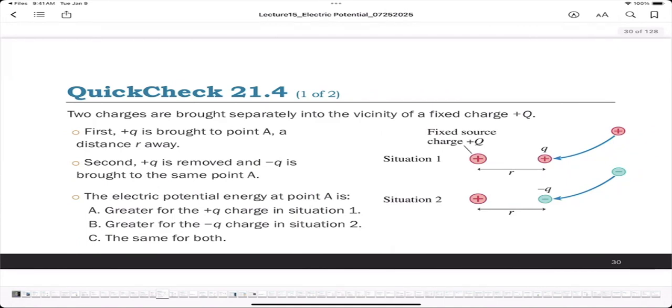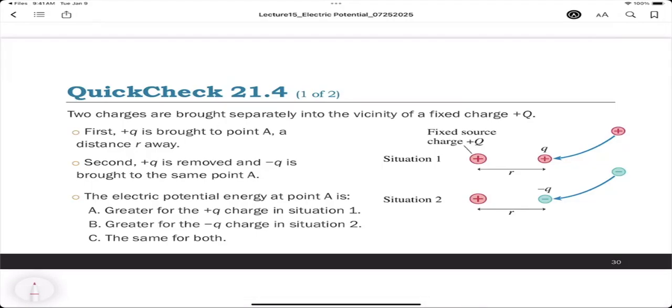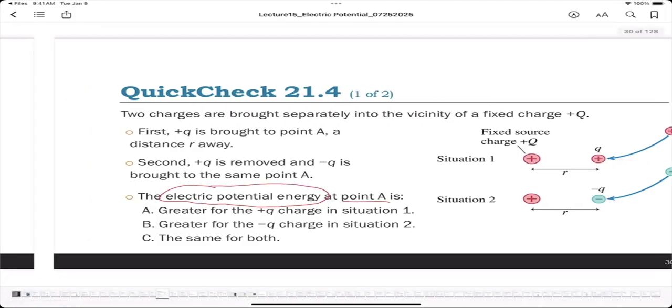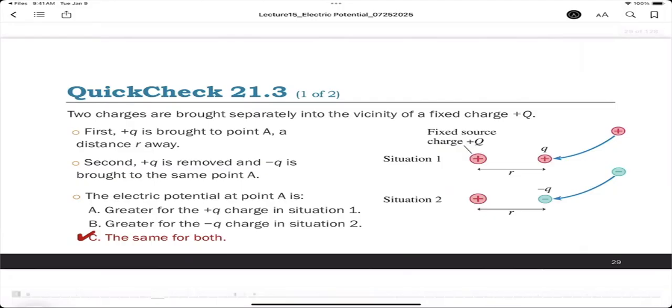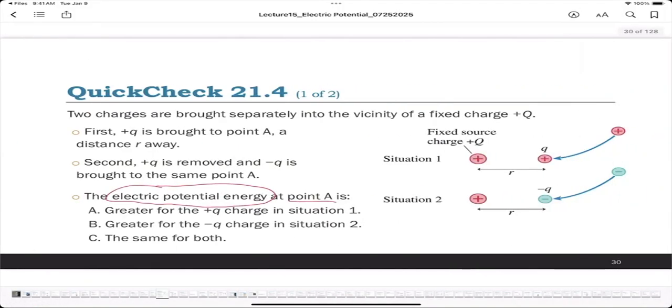Second, the positive q is removed and negative q is brought to the same point A. The difference between this one and that one is just that the question is different. The electric potential energy at point A, here it just asks you electric potential energy. The next one asks you electric potential. So just pay attention to that. So which one is right?